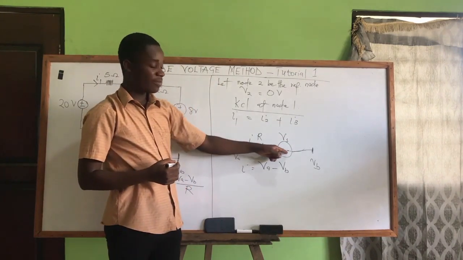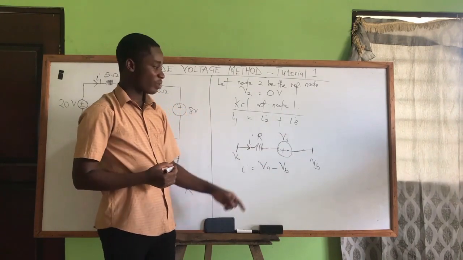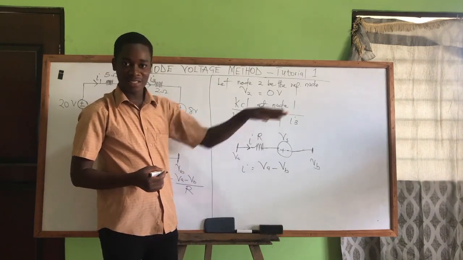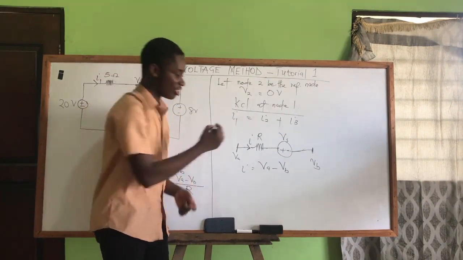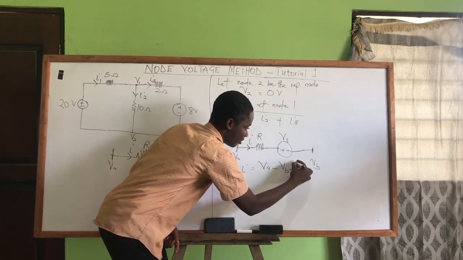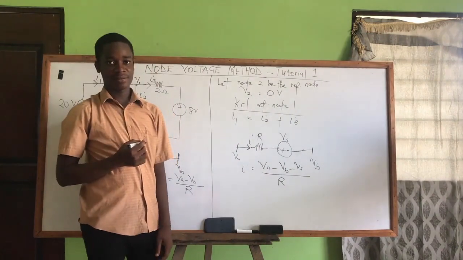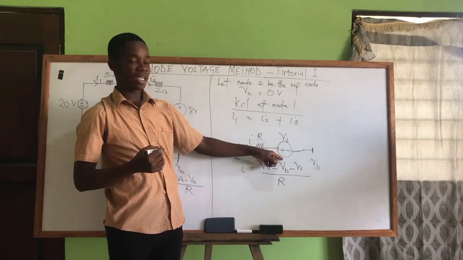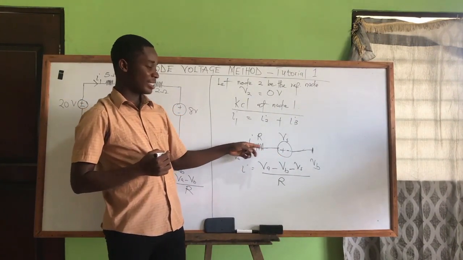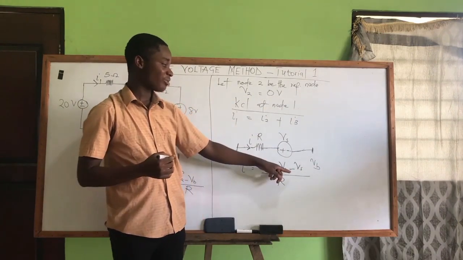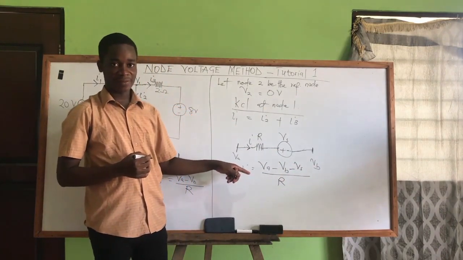Since it is leaving the minus, we subtract that voltage, so this becomes minus Vs over the resistor R. So you check the voltage on the branch: if the current direction is leaving the negative, you subtract that voltage from the numerator.